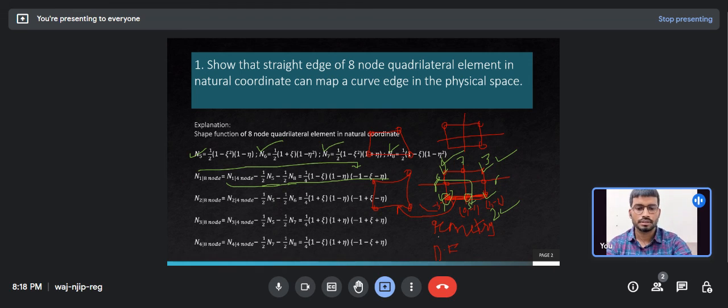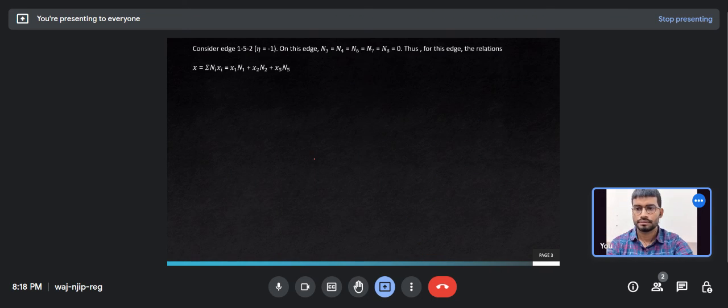The same shape functions are required to map the geometry and the displacement field in the isoparametric mapping. And then by using the expression x is equal to summation of Ni xi, where Ni is nothing but the shape function of an 8-noded quadrilateral element in the natural coordinate system, and xi is the coordinate of the element. In a similar fashion, you can map the y coordinate, right?